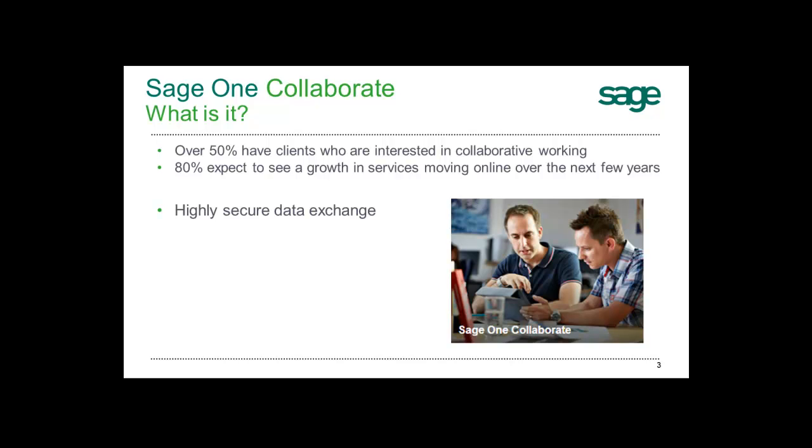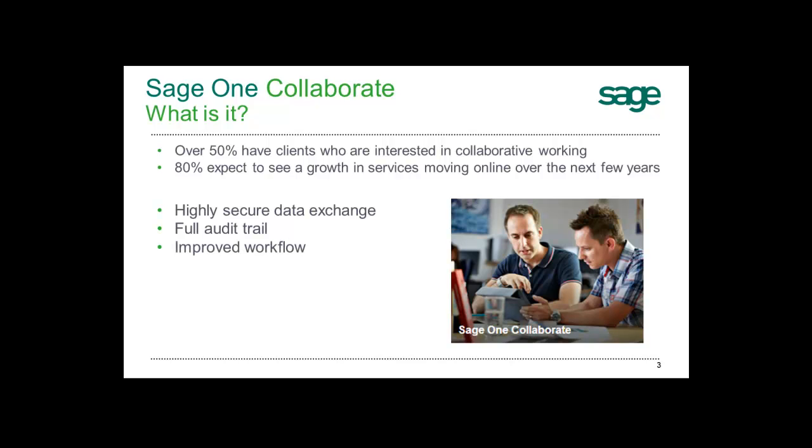So our highly secure data exchange provides automatic virus scanning and data encryption. You can be assured that sensitive documents can be shared securely. You also will have a full audit trail, so it creates an audit trail that allows you to track what documents have been sent, viewed and worked on.